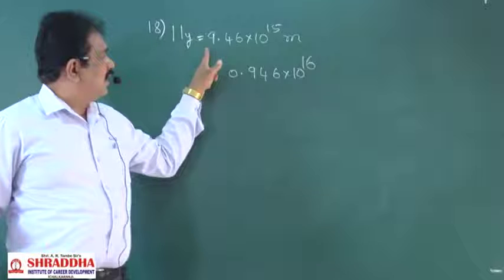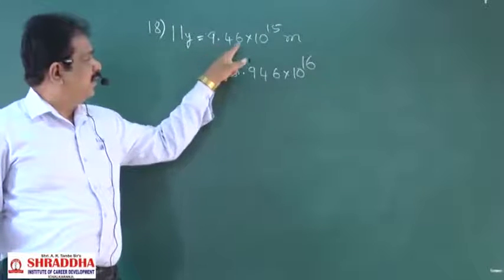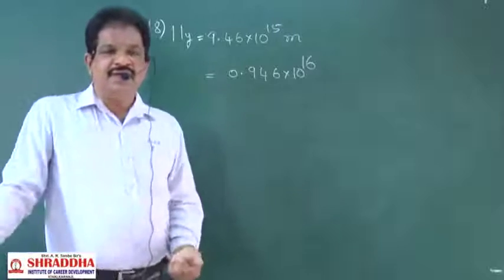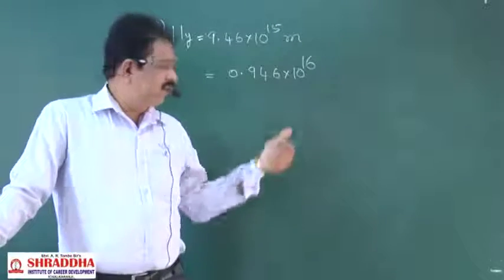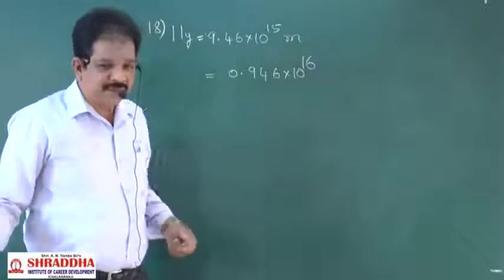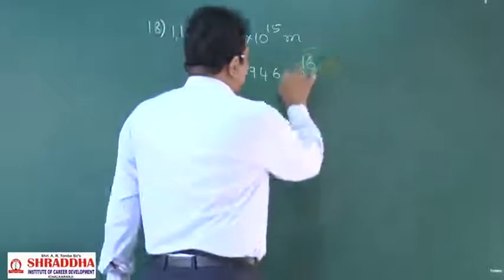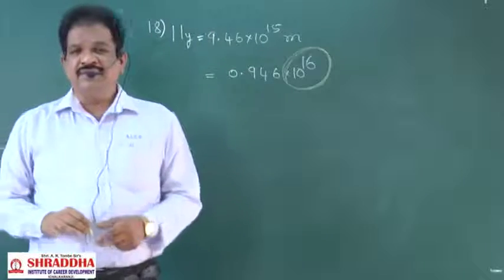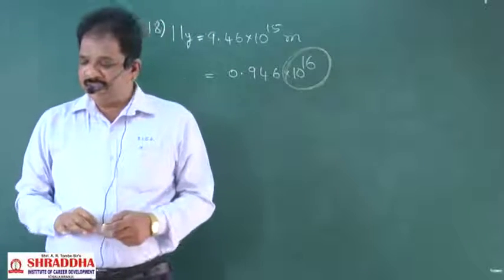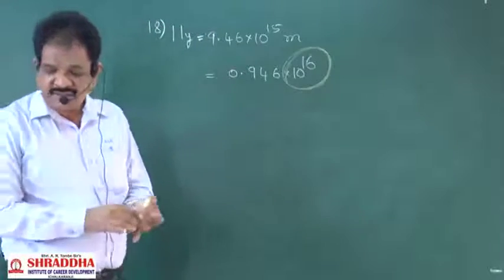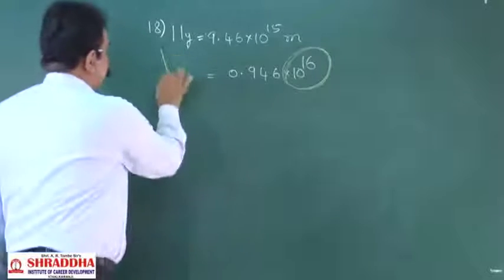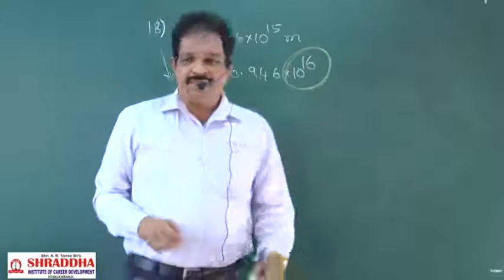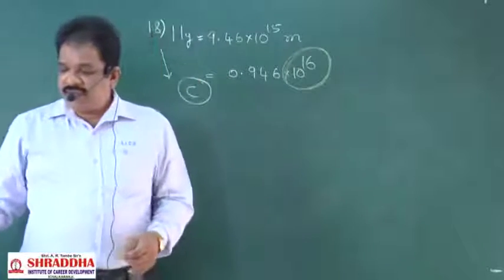If you directly write like this is 9.46, 9.46 will be greater than 5. That's why we are writing in this format. So what is the order of magnitude then? 10 power 16. Clear? So what is the answer for this is 18. It will be C.